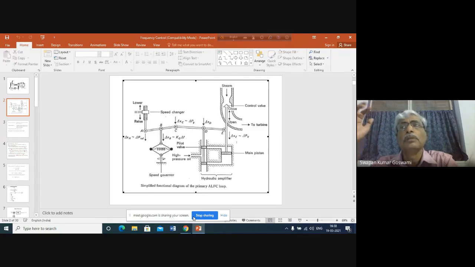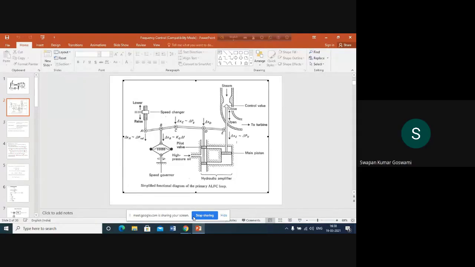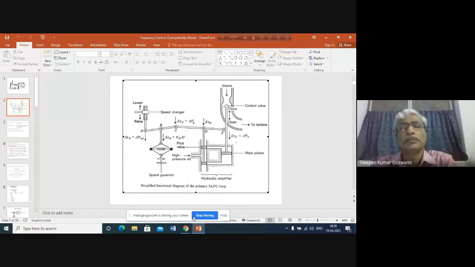So the frequency varies. To recover the frequency, you have to change the active power output of the generator. That means you have to supply the active power as per the requirement of the load. That's why frequency control is also called load frequency control.